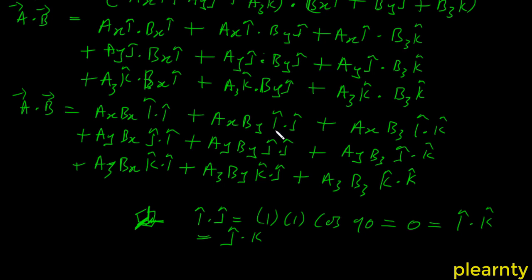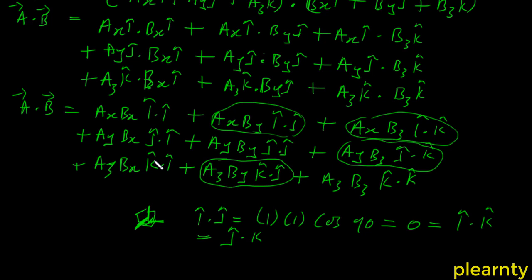So this now, as i dot j is going to be 0 at the end of the day. This one too will be 0. These two will be 0, jk, kj 0, ki 0, ji 0.